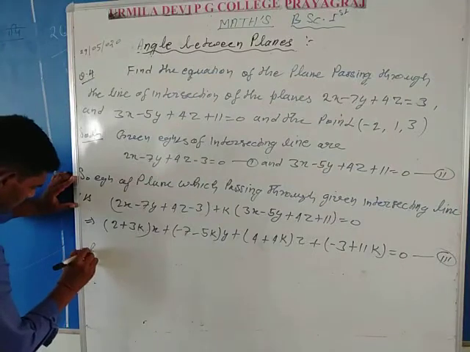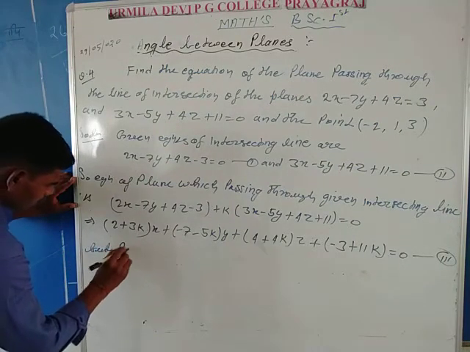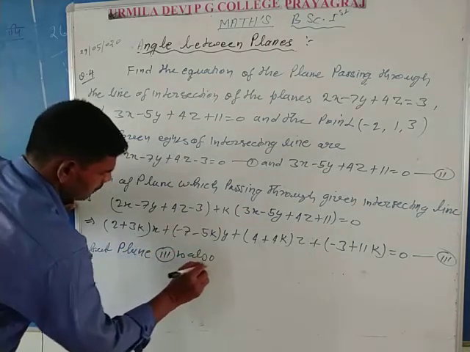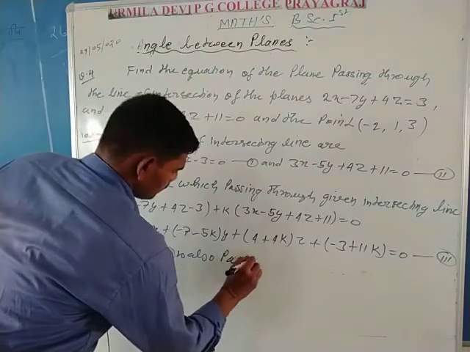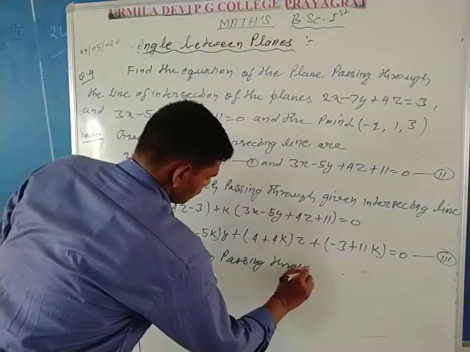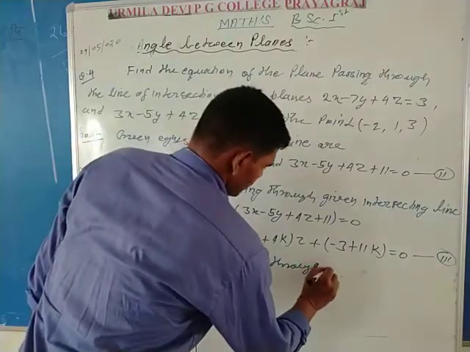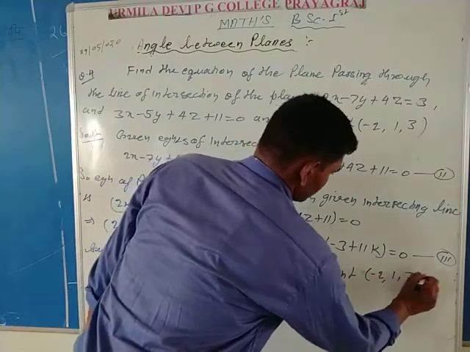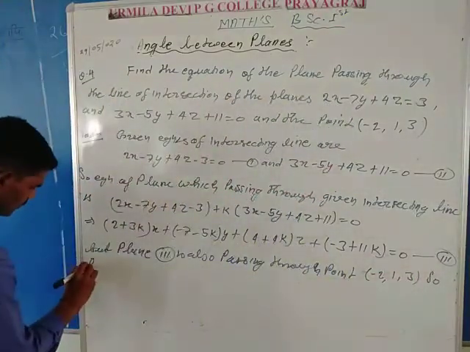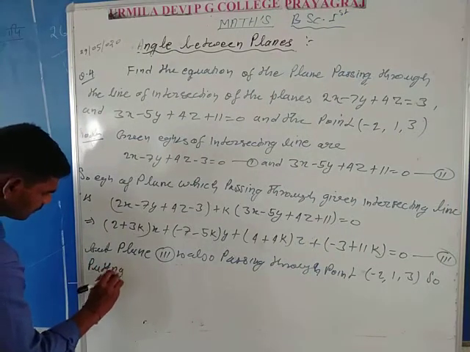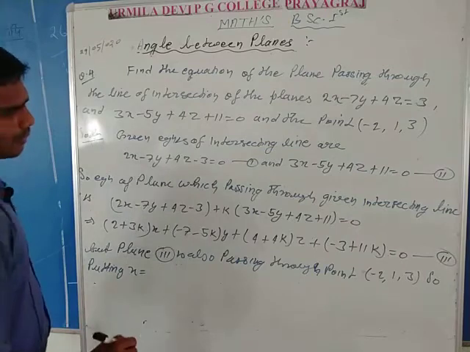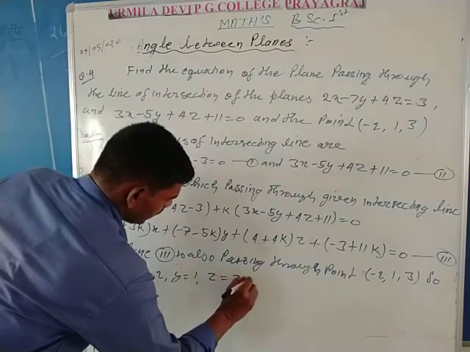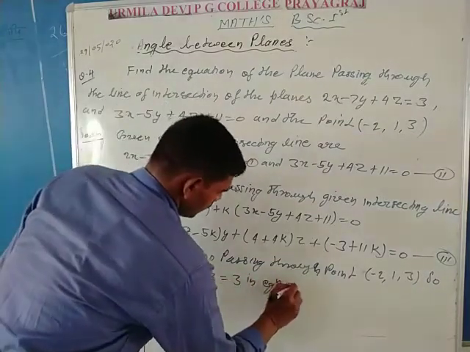Therefore, plane third is also passing through the point minus 2, 1, 3. So putting x is equal to minus 2, y is equal to 1 and z is equal to 3 in equation third.